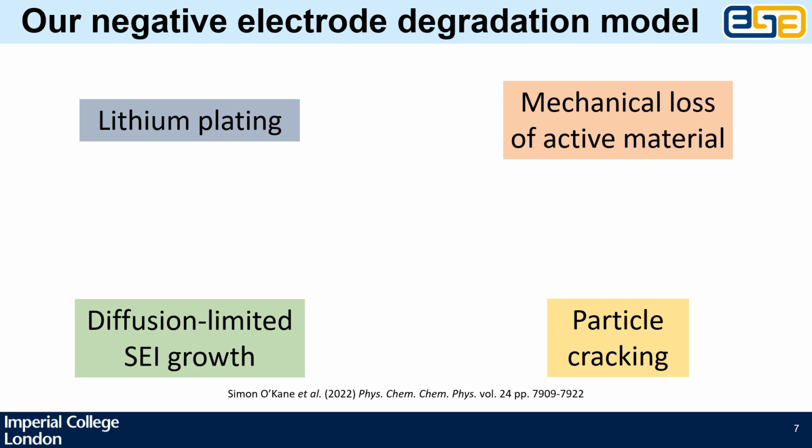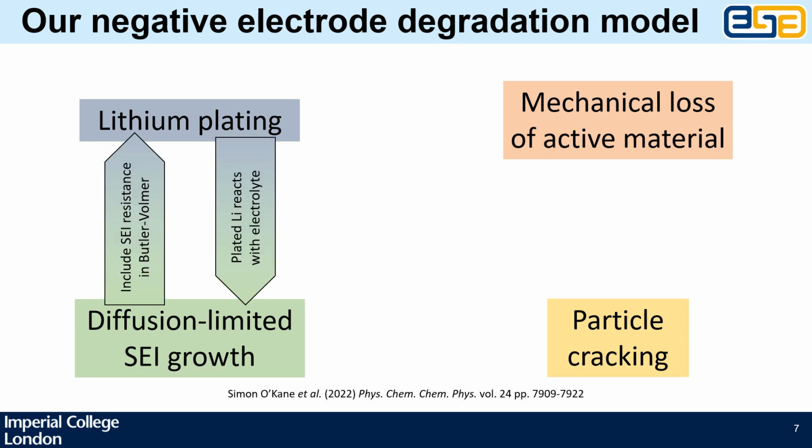This is the same model, but in a flowchart form. So here you have the 4 different degradation mechanisms we're considering, and they're also linked together. So the SEI affects how much lithium is plated, but the plating can also react with electrolyte to form this dead lithium.